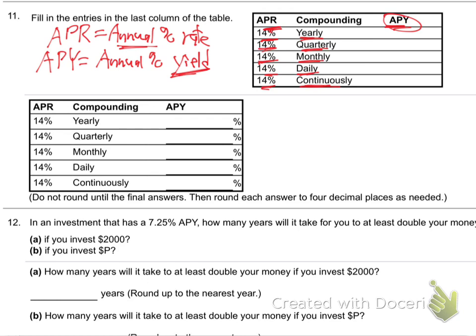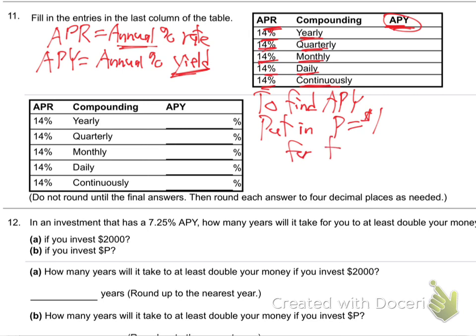Well, how do you figure out what actually happens? Well, we're going to use the same formula we've been using, the A equals P thing, but again, I'm different than Math Excel here. So to find APY, annual percentage yield, put in P equals $1 for T equals 1 year.